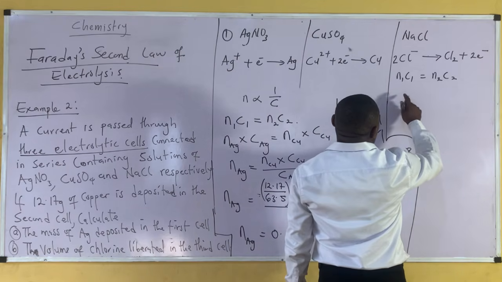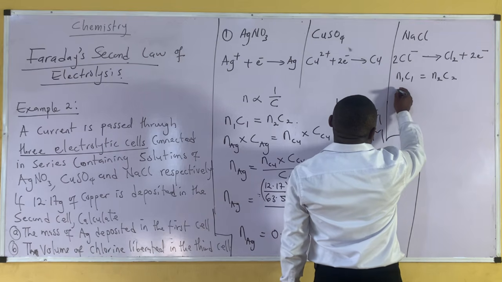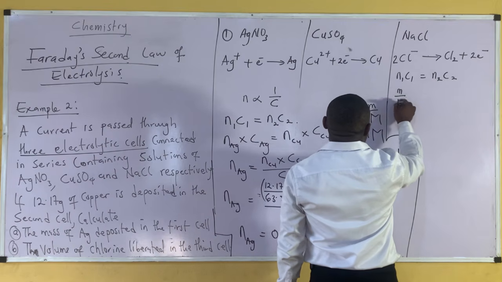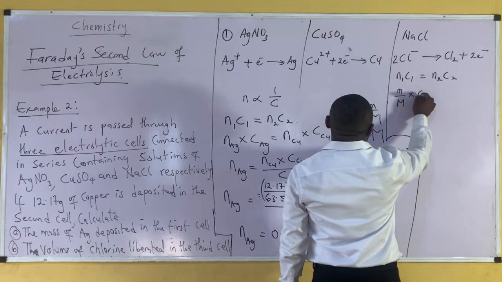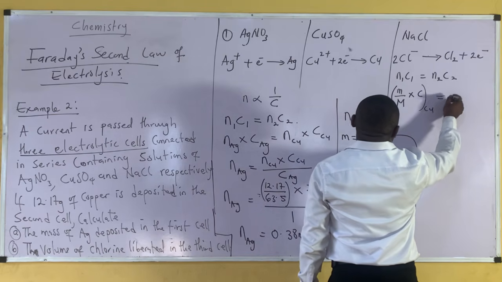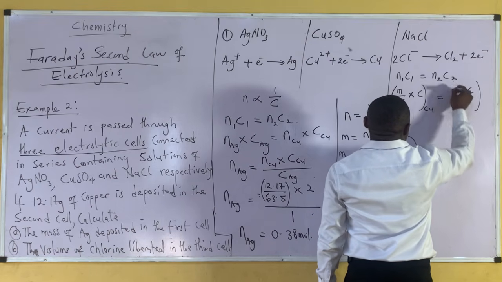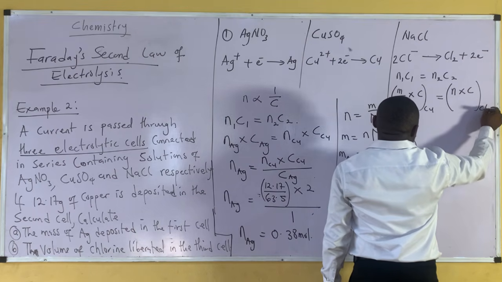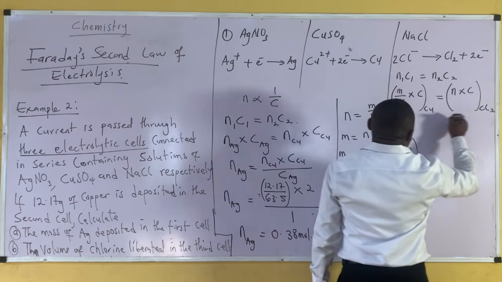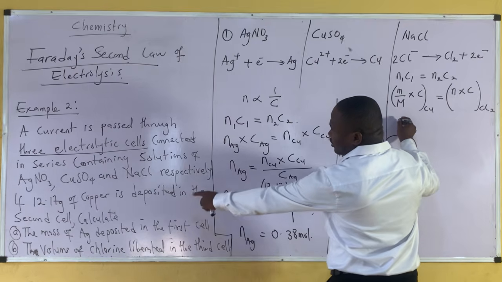Let's solve for the mole. Mole of copper is mass over molar mass times charge. Everything here for copper is equal to mole times charge, and everything on the other side is for chlorine gas. What's the mass of copper in the question?